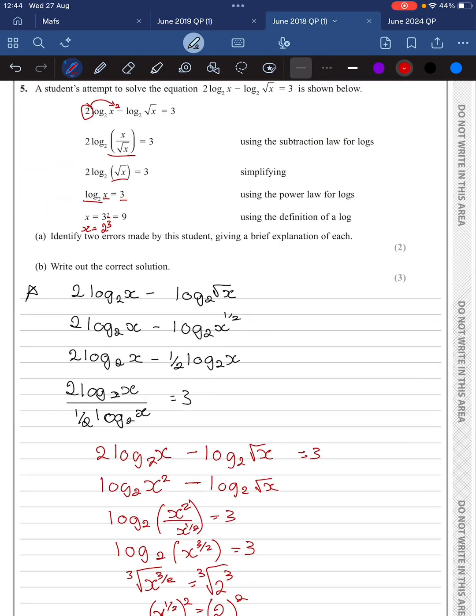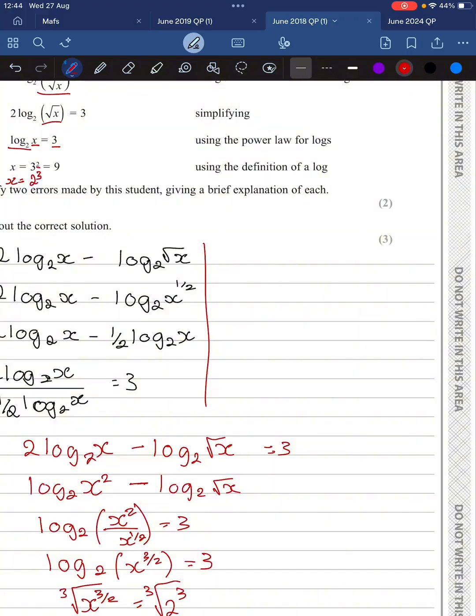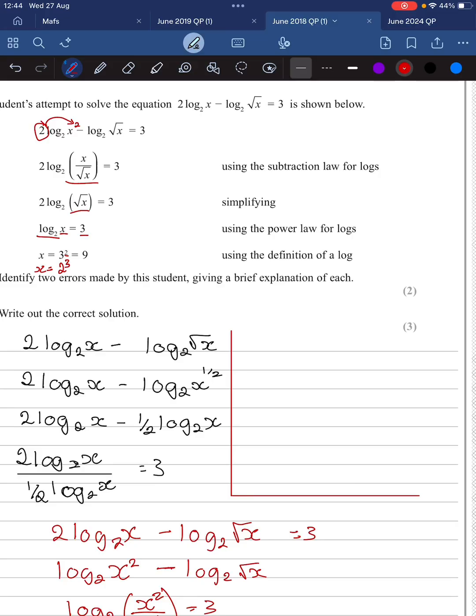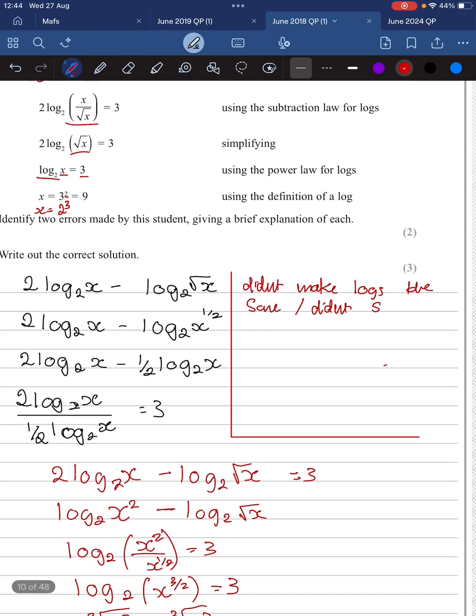And you just write down what the student has done wrong. So if I write it down, I would get: didn't make logs the same, maybe, slash didn't square the x.